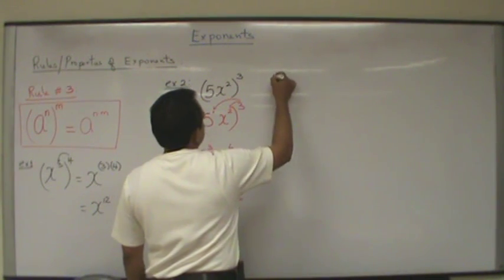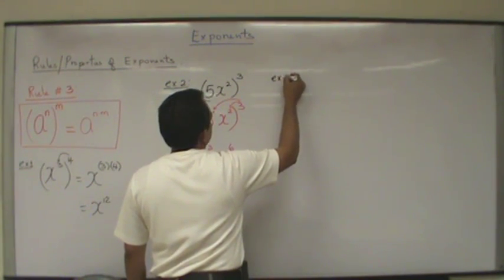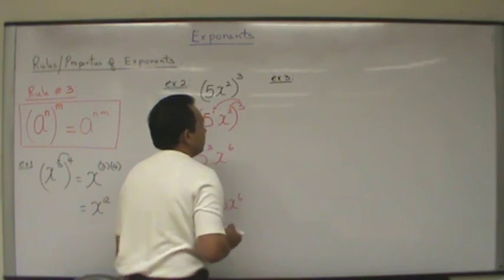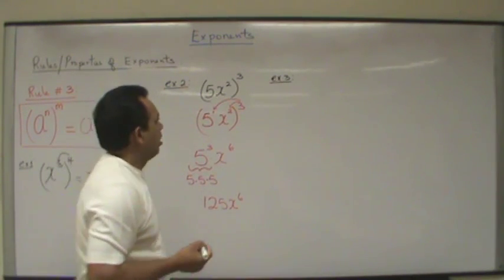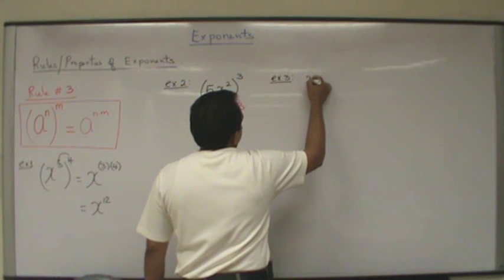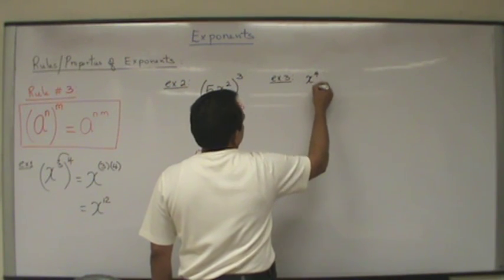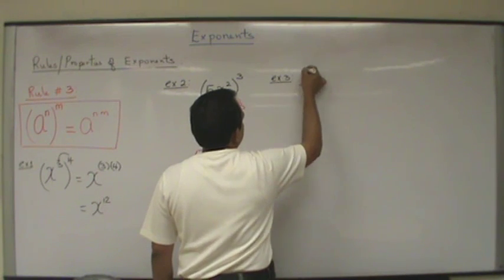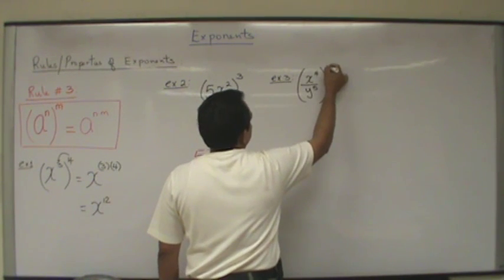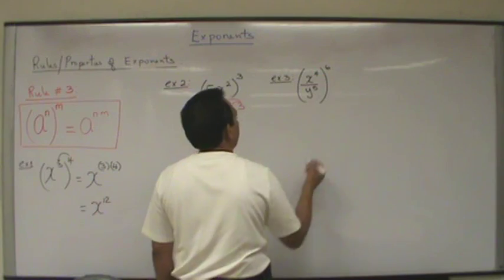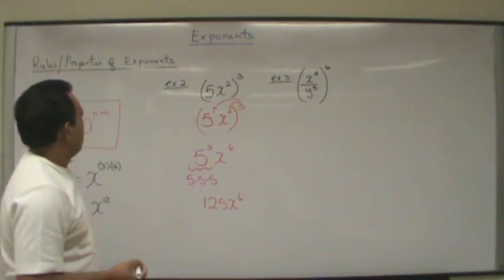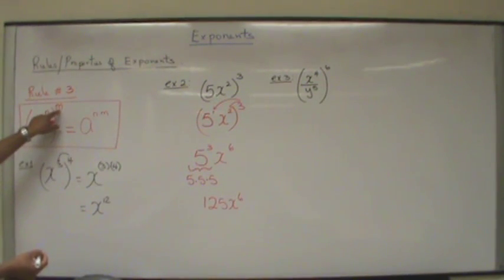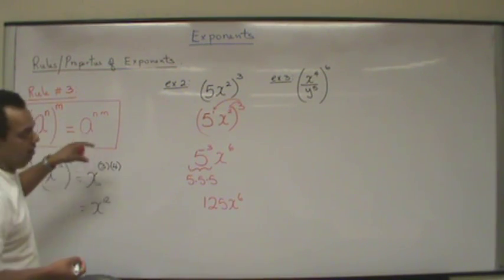Third example. How about if I have x to the fourth power divided by y to the fifth power, everything raised to the sixth power? Keep in mind, the rule says that the exponent on the outside must be distributed to everything on the inside.